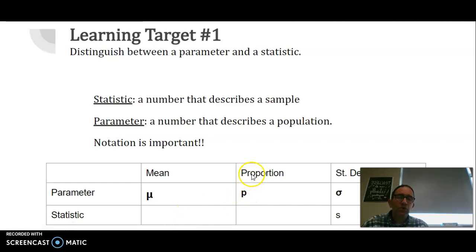The proportion of a population, so if we're looking at the percentage of all white cars in Ankeny, that would be P. If we're talking about the proportion of a sample, that would be P hat.